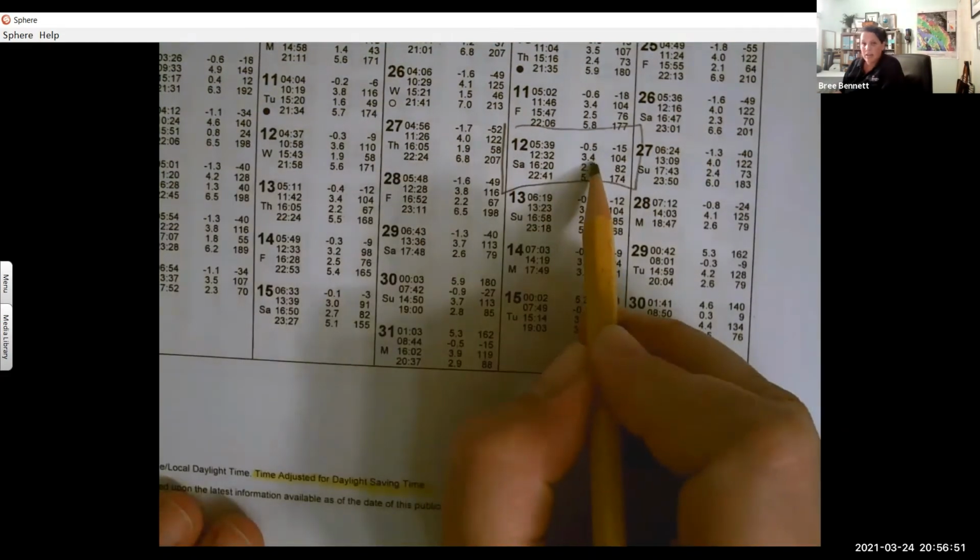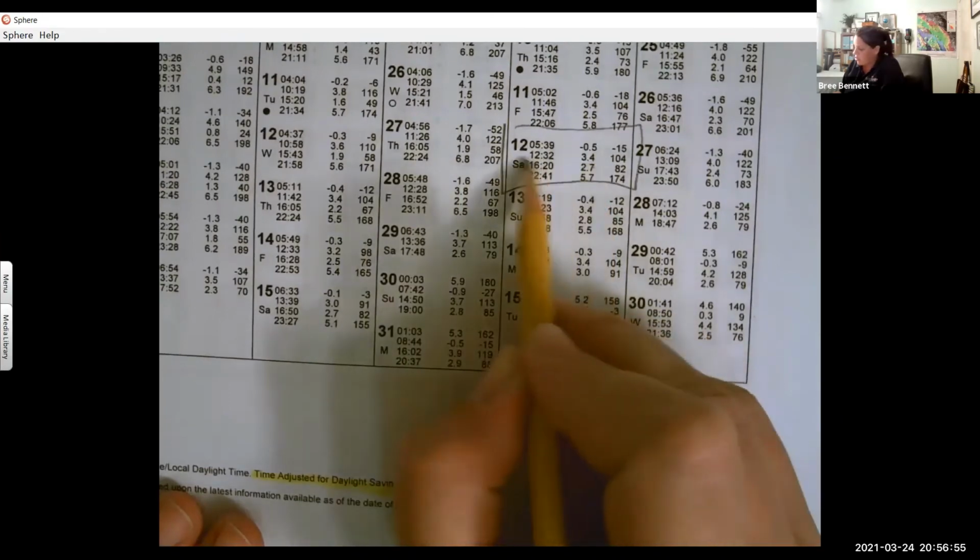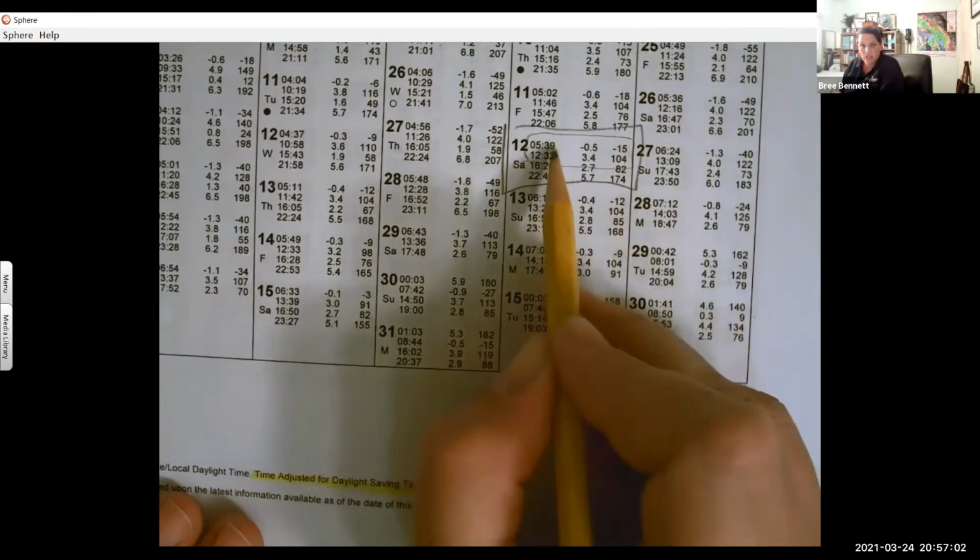And we're looking for an AM time that is 3 feet or less. So we are going to use the first 2 times.